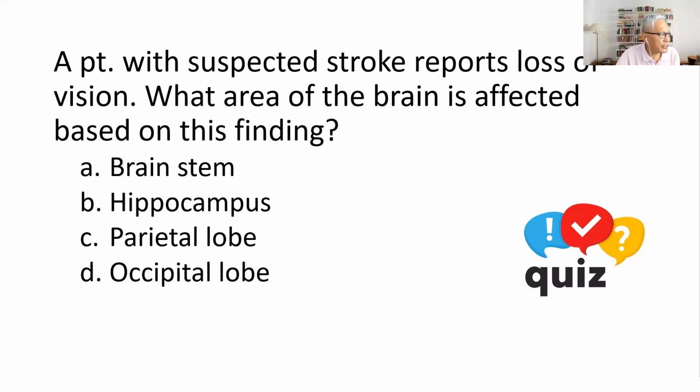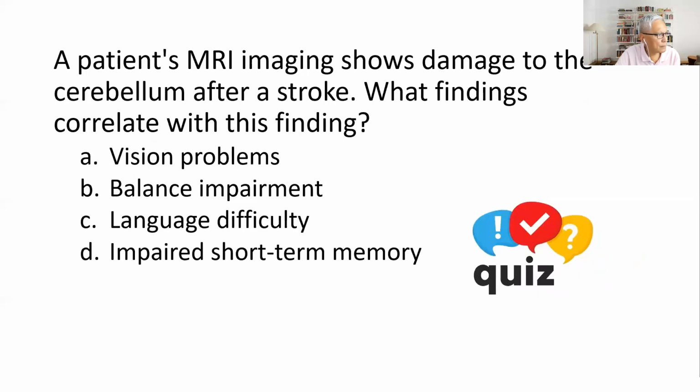Very good. Letter D is the correct response. In addition to this, the occipital lobe is responsible for color perception and vision. Okay. Let's go to the next one. MRI.